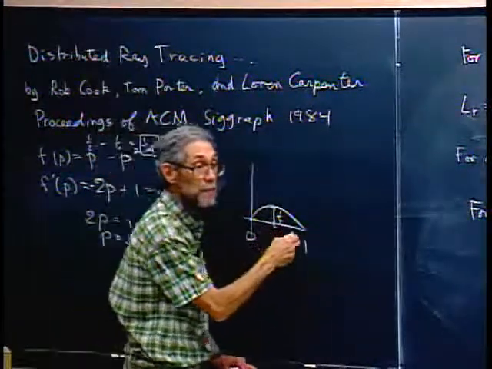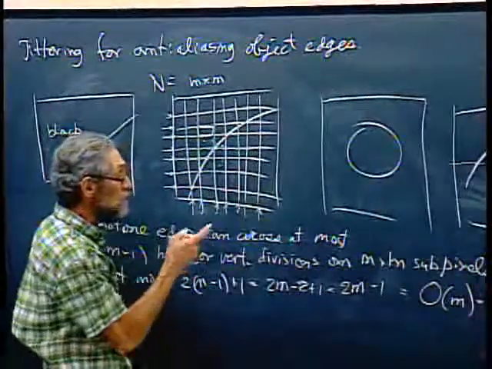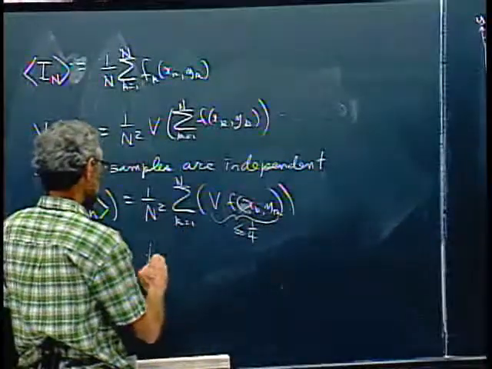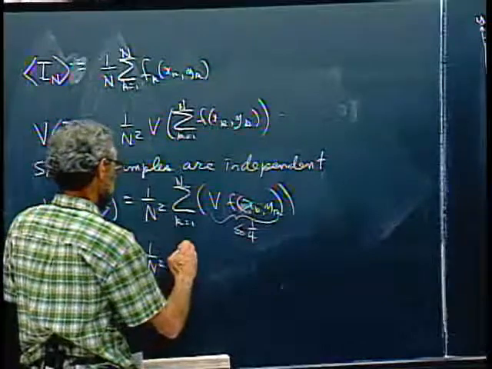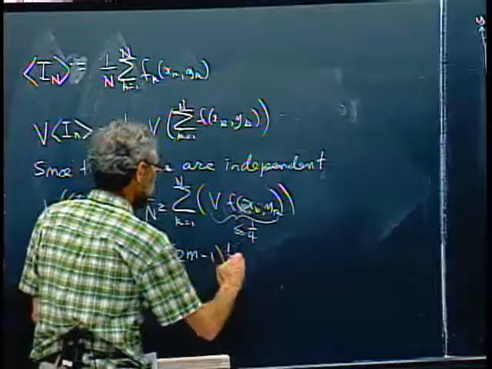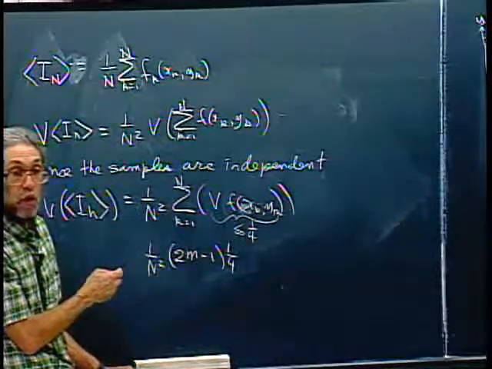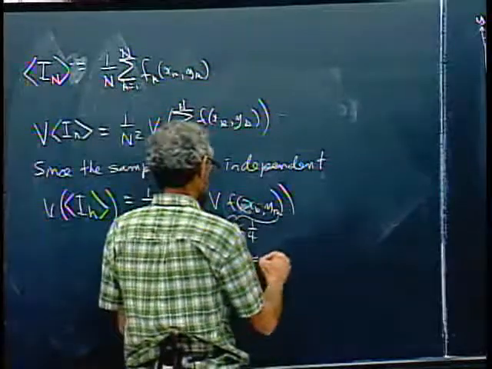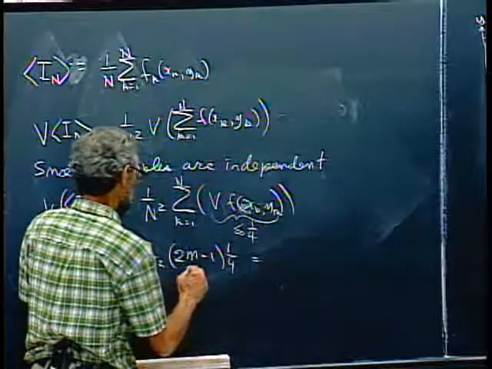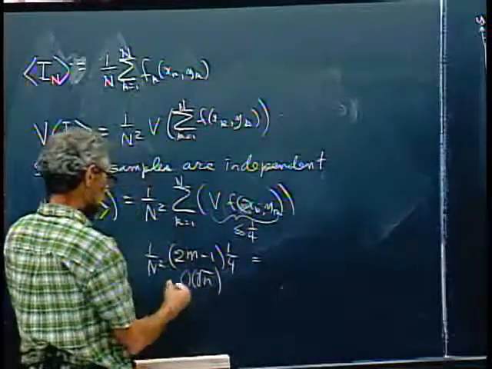And if it's a completely white pixel, the variance is 0 also, say in here. So the only terms which are non-zero are these at most 2m minus 1 terms, each of which is of size maximum 1/4.